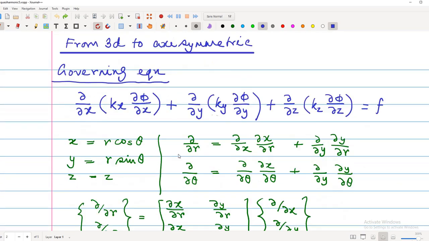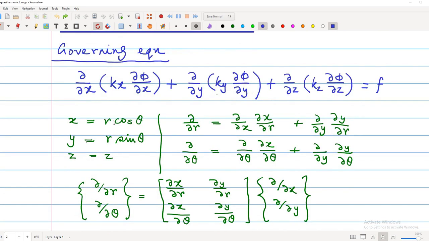Now this is the equation in 3 dimension, and you can easily convert it to the axisymmetric case by using this transformation relation, that is, the Cartesian to cylindrical polar transformation.